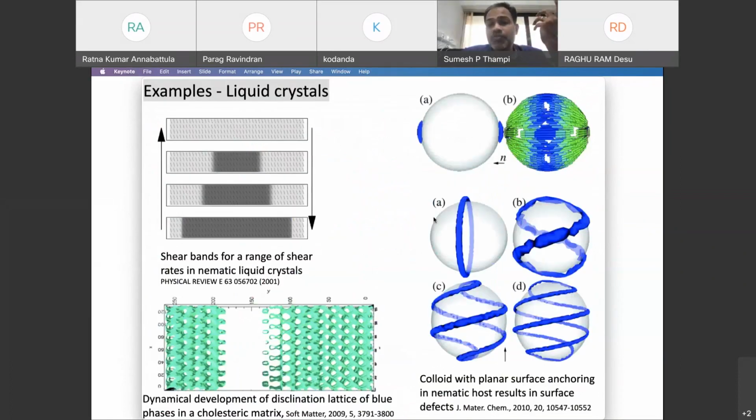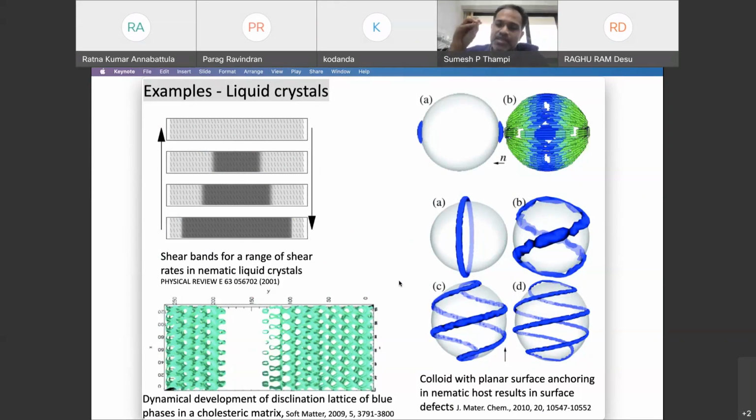Liquid crystals is another application where Lattice Boltzmann has done extremely well. People who are familiar with liquid crystals know that topological defects in these liquid crystals are signatures of the underlying structure of this material. So typically when you want to show the liquid crystal, you end up showing the defects.